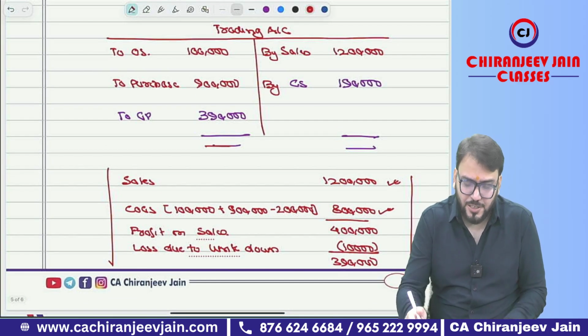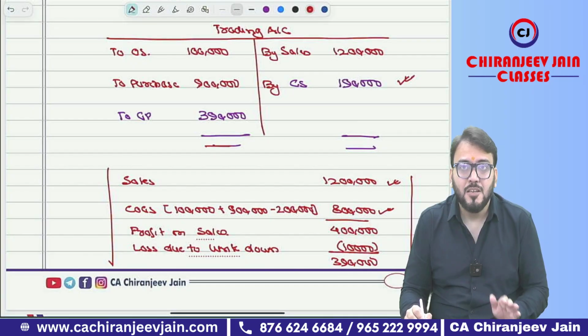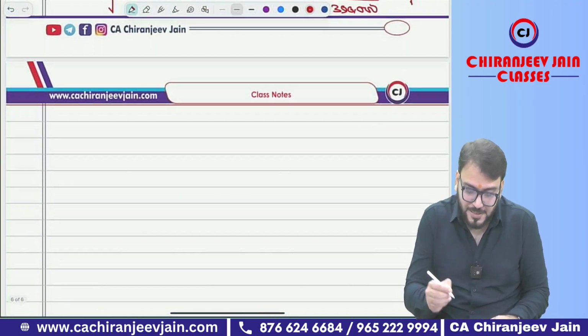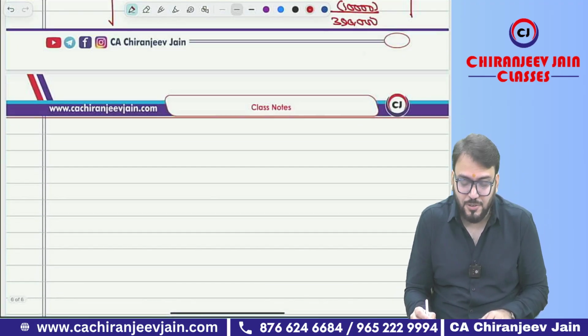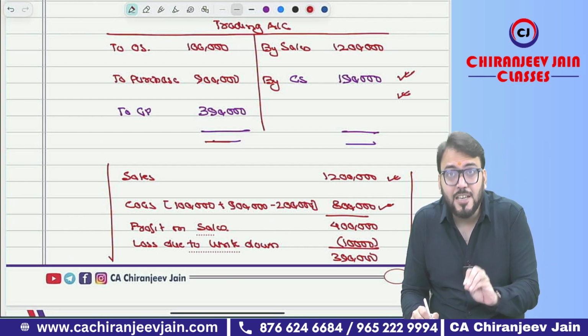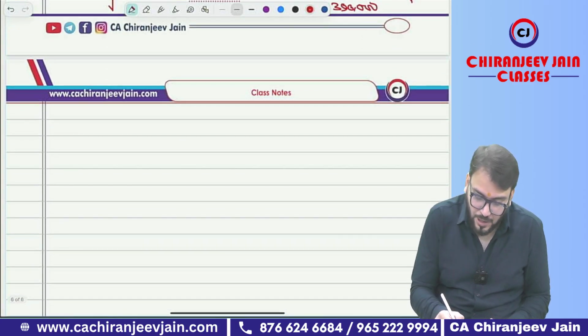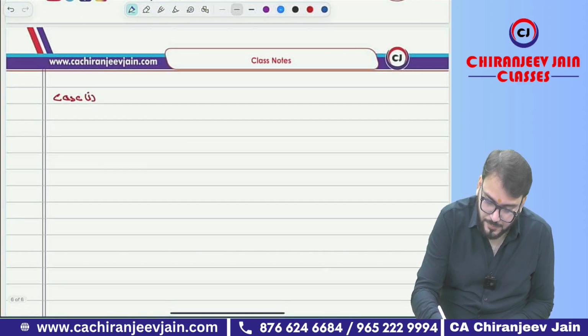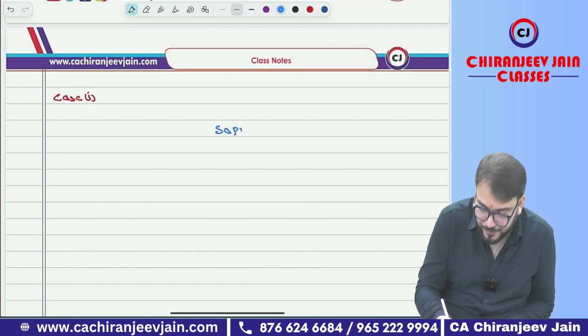So just try to understand, if you present in this way, we are not able to provide the correct information to the user of financial statements. If I present this in vertical format, how will I present? So I will say statement, just write down case 1, SOPL.